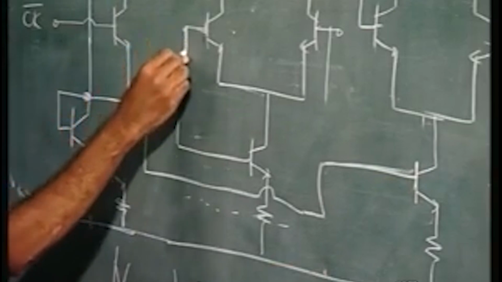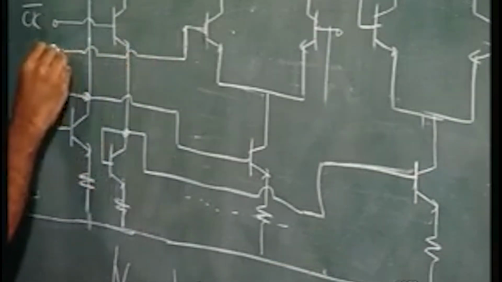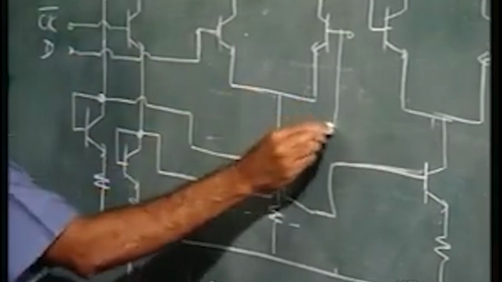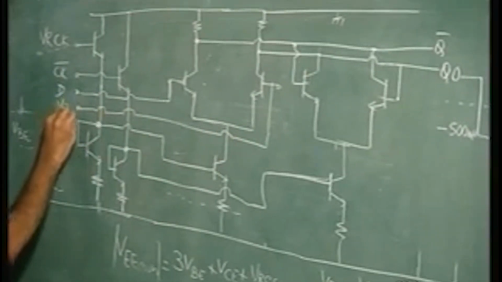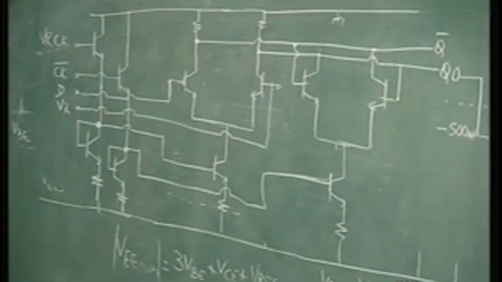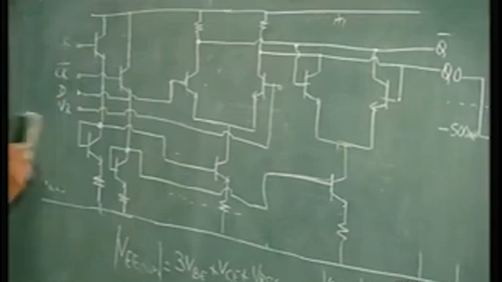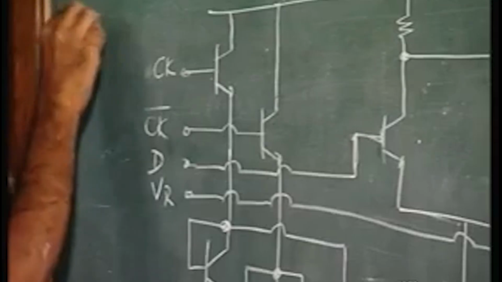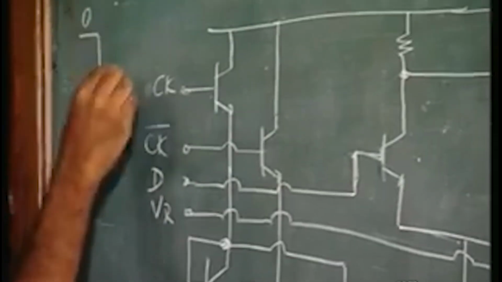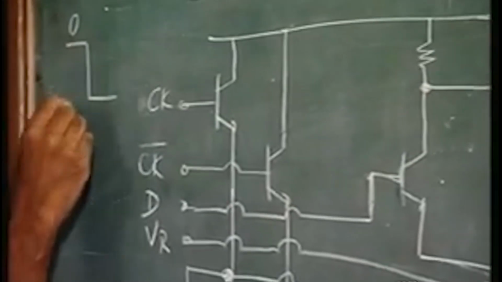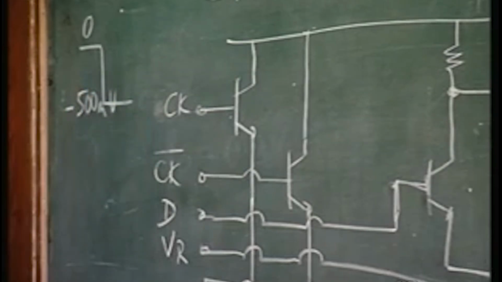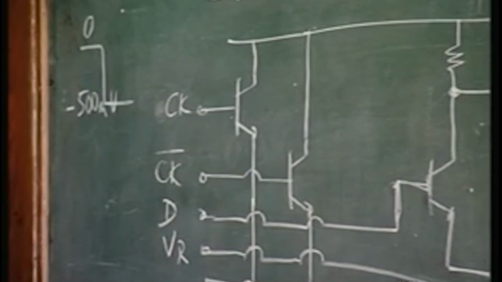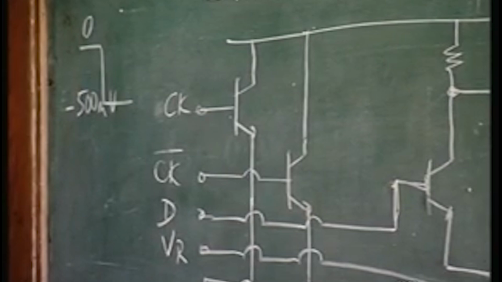All this remains the same as in the previous circuit. This is D, this is VR. And again, the input voltage variation is from 0 to minus 500 millivolts. So this is 0, this is minus 500 millivolts.